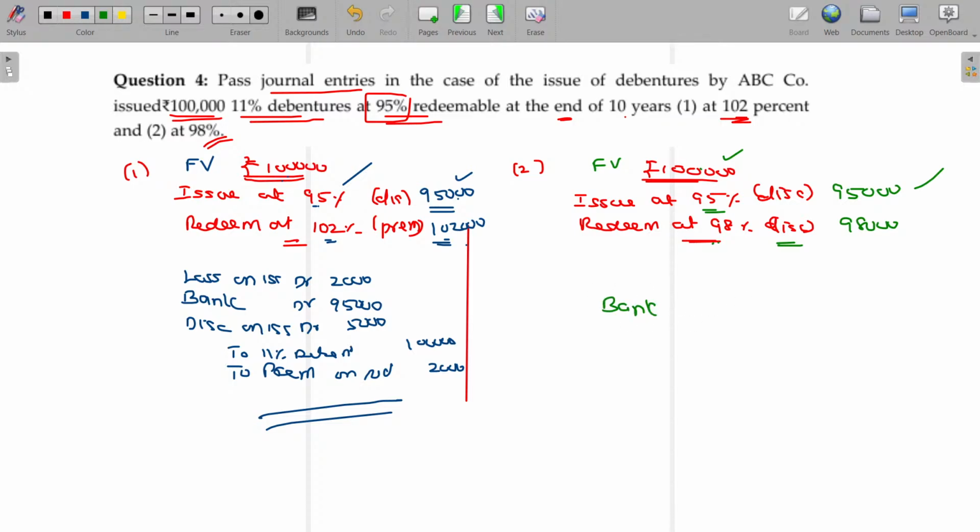So bank account debit, discount on issue account debit, to 11% debentures account. The values being 95,000, 5,000, 1 lakh. What about this scenario?